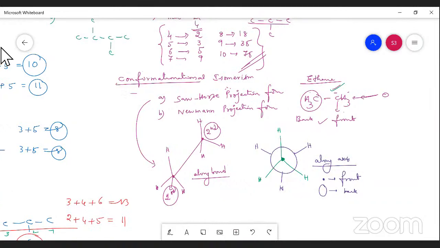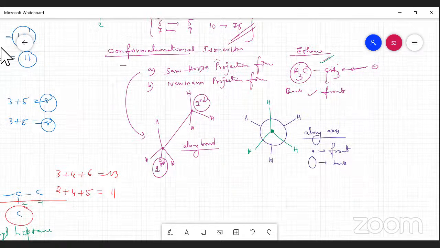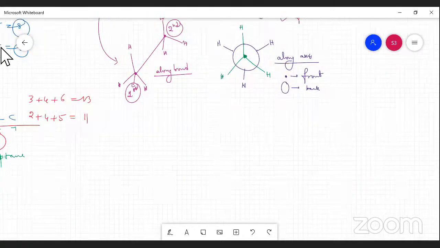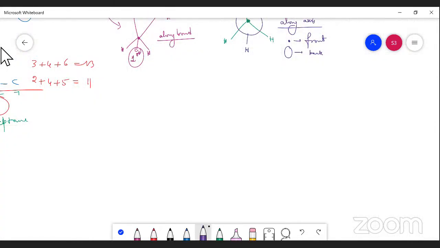Now let us explain conformational isomerism in ethane by using the Newman projection form. So what are conformational isomers? What I am doing is fixing the front carbon.